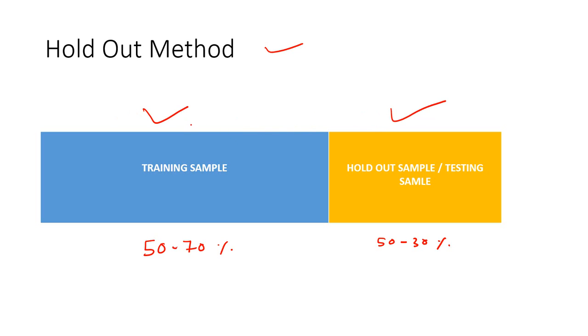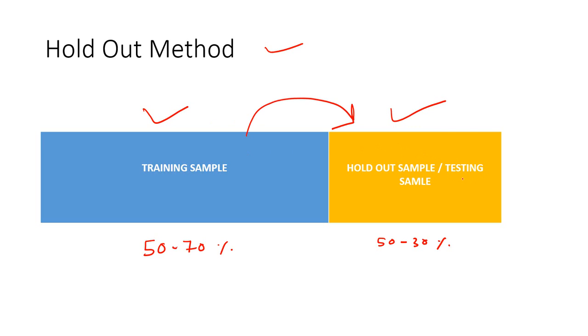The first subsample you call the training sample. You use that sample to build a model, and you have another subsample which is not part of the training sample, which you call the holdout sample, and you test your model on it. We also call that the testing sample.